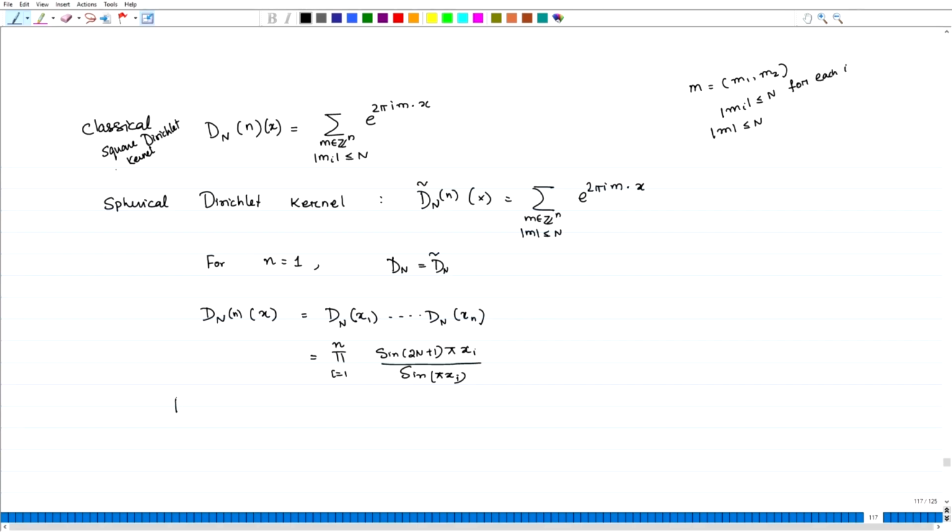Then the Fejer kernel corresponding to this is the average.